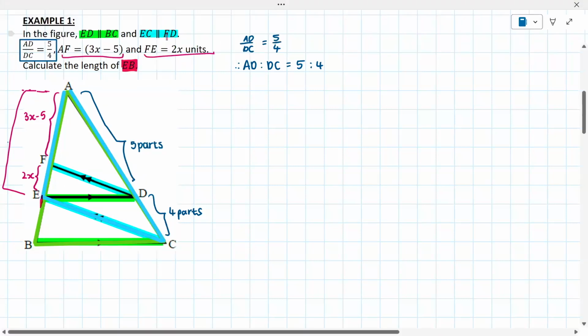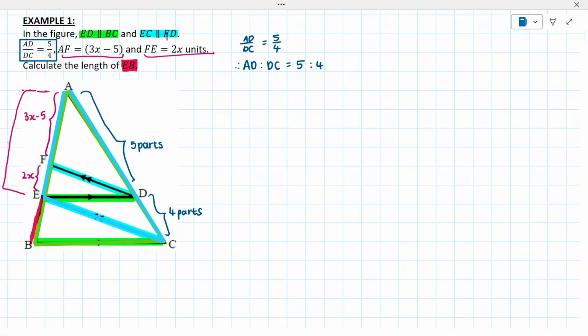So if we look at where EB is, this tiny little segment down at the bottom there. It's just a segment of a triangle. It's not the entire length in a triangle. It's just a tiny little part of the whole big green triangle side AB. Now, Gretel, there's lots of different ways that you can do this. You have to decide what works best for you.